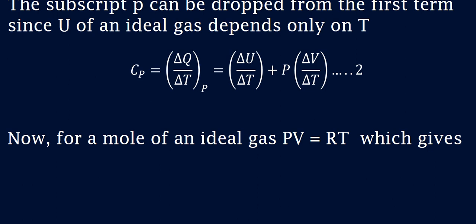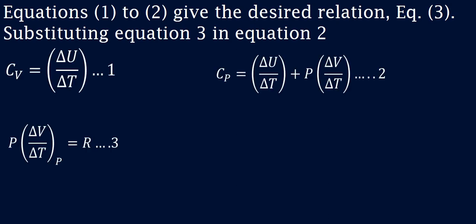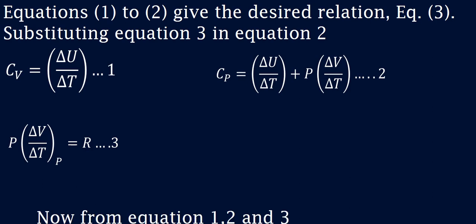Therefore, P into delta V upon delta T is equal to R. The equations we have derived are Cv is equal to delta U upon delta T, Cp is equal to delta U upon delta T plus P into delta V upon delta T, and P into delta V upon delta T is equal to R. If we combine these equations, we get Cp minus Cv is equal to capital R, that is the gas constant. Now let's solve some numericals.